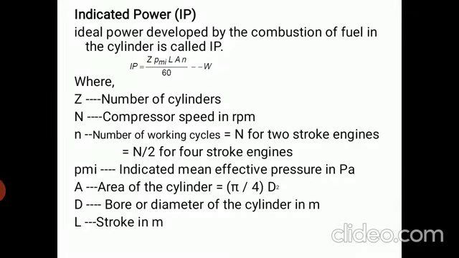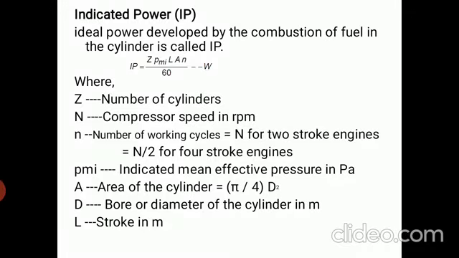Then small n is the number of working cycles. The reason for using the number of working cycles is that in a two-stroke engine, if the crank completes one revolution, that constitutes one cycle. In a four-stroke engine, the crank has to rotate two times; it has to complete two revolutions for one cycle.